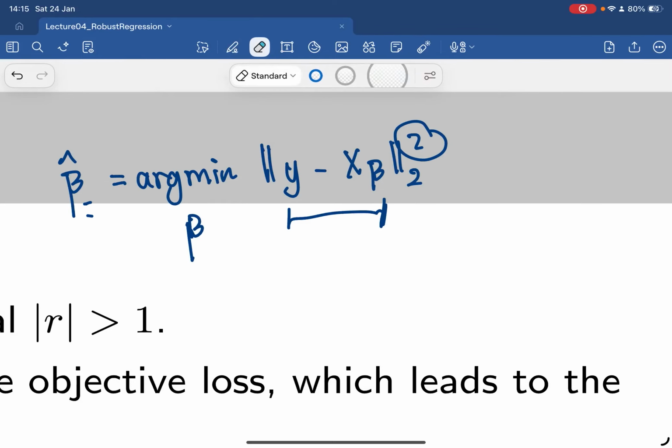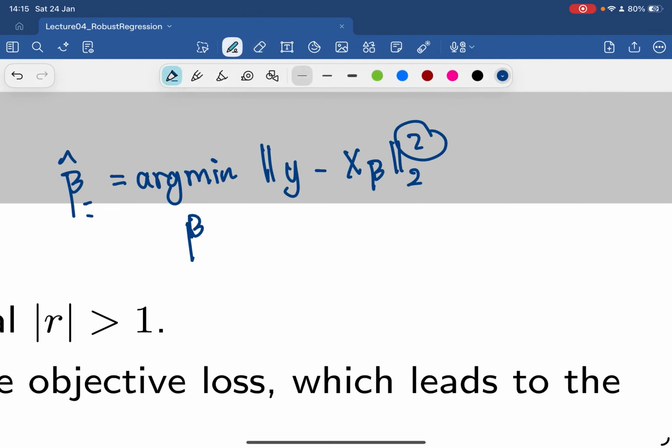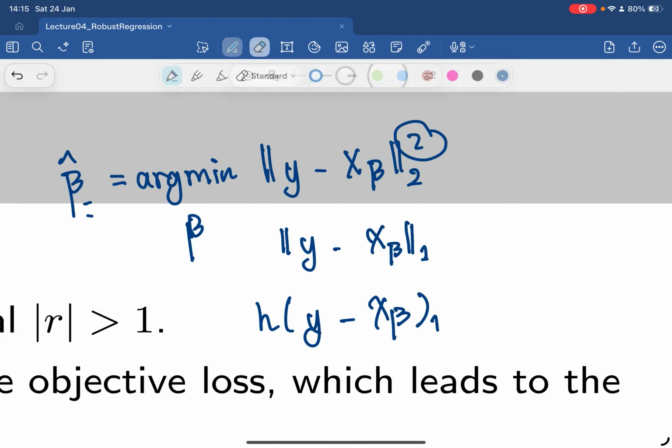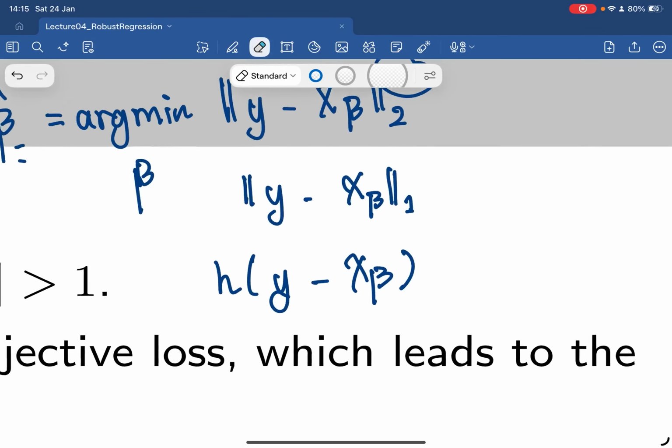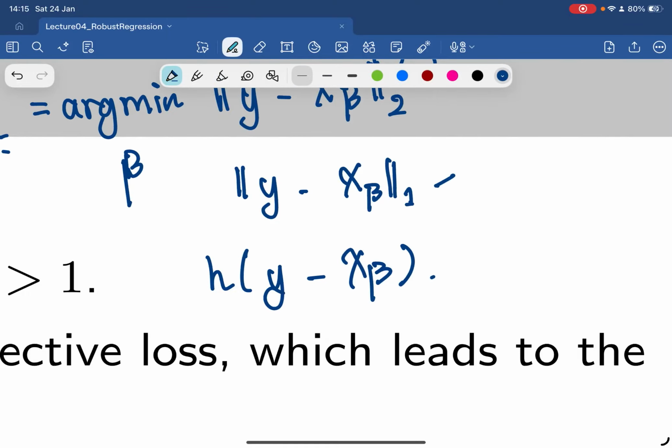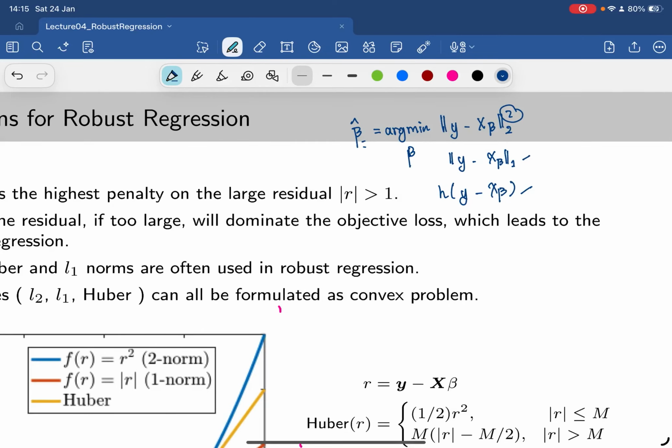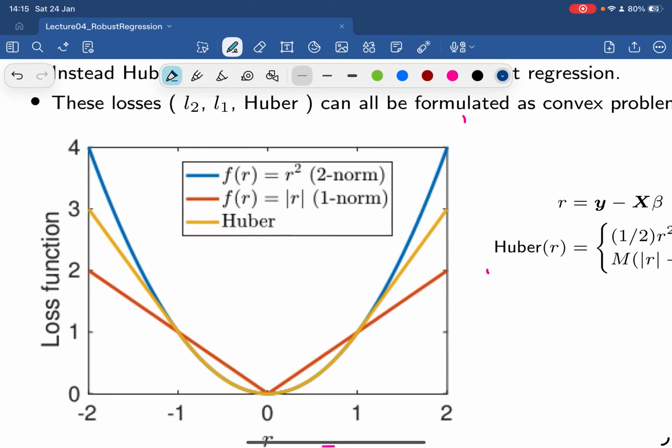But if you change from the L2 norm to another norm like the L1 norm, or maybe the Huber norm, things will be better, because this term will not give high weight on those high residual points. And you can see the difference of this function as follows.